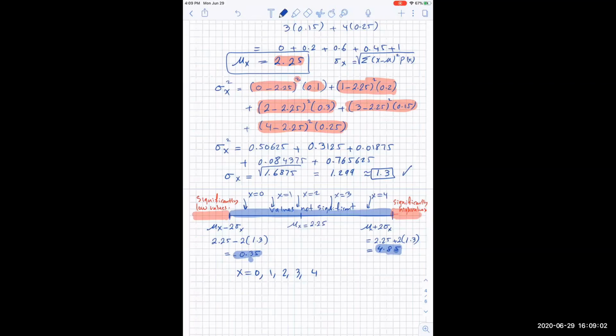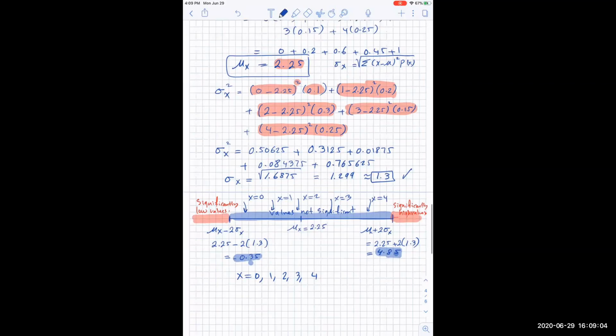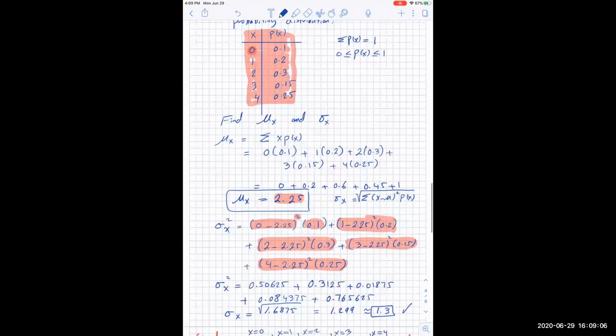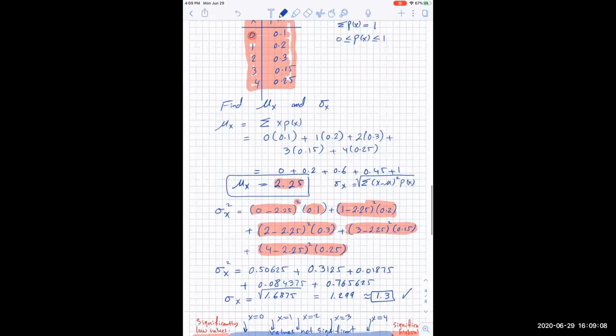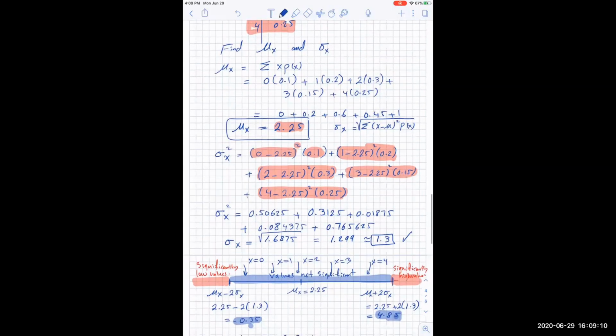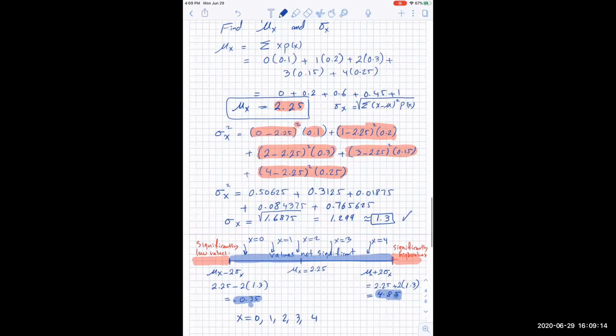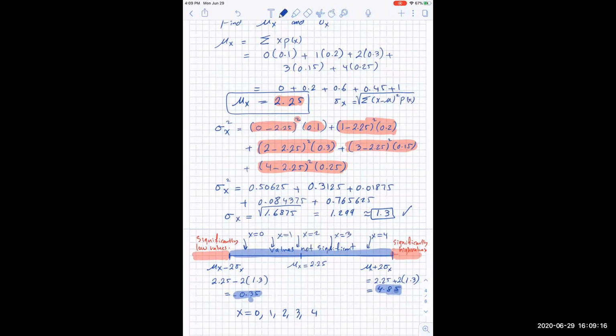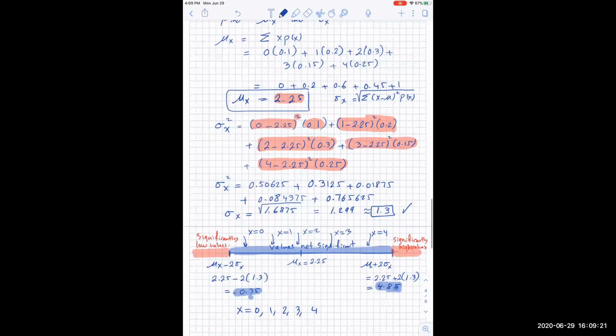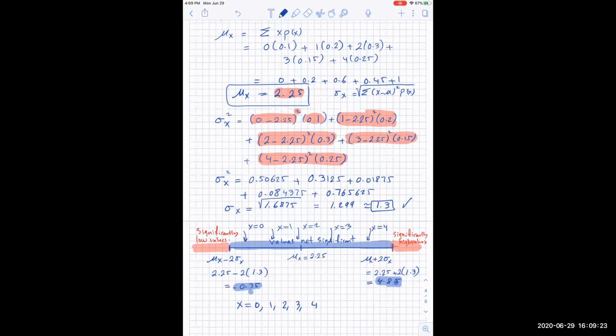So none of the X values are statistically significant. Not significant. Or you can say these are usual values. Very likely to get these values. None of them is considered an unusual value, meaning significantly high or significantly low.